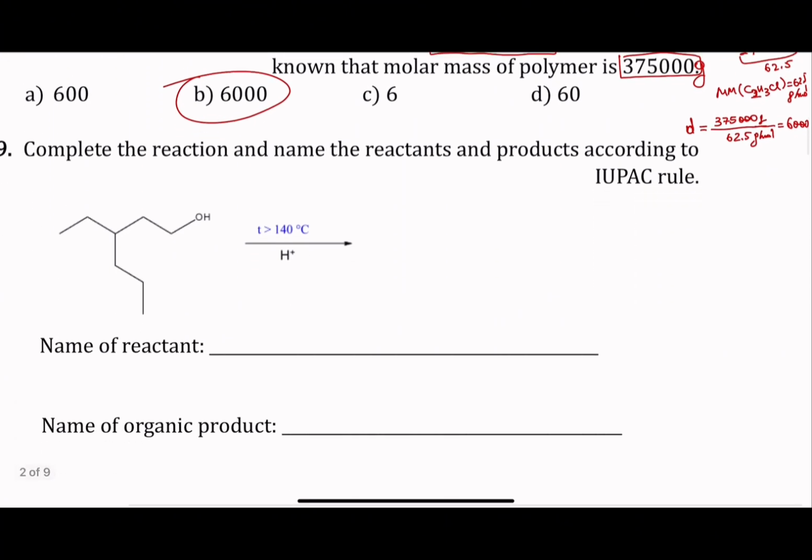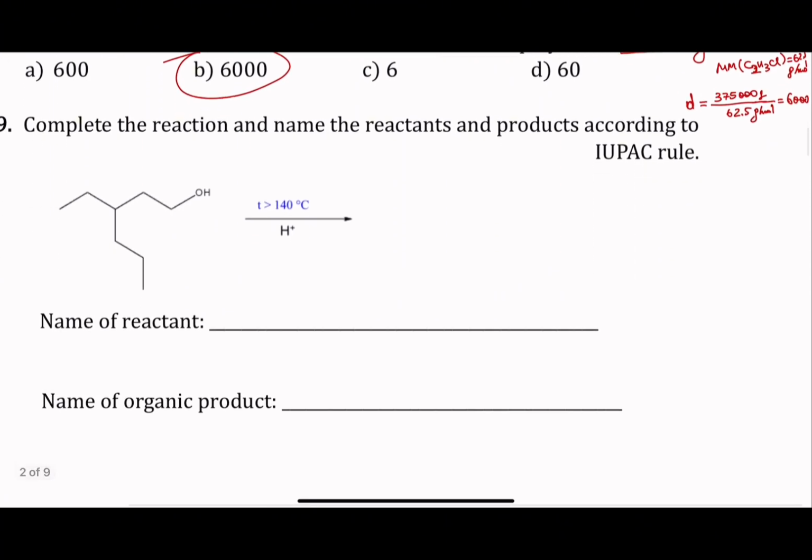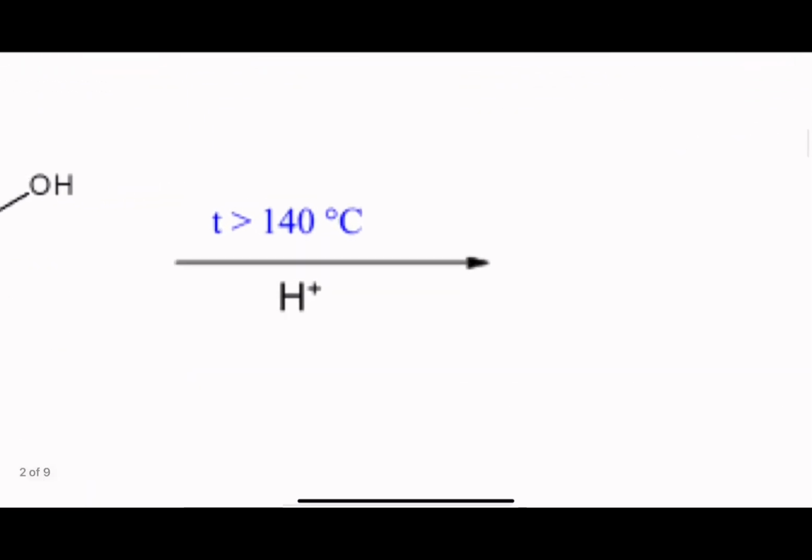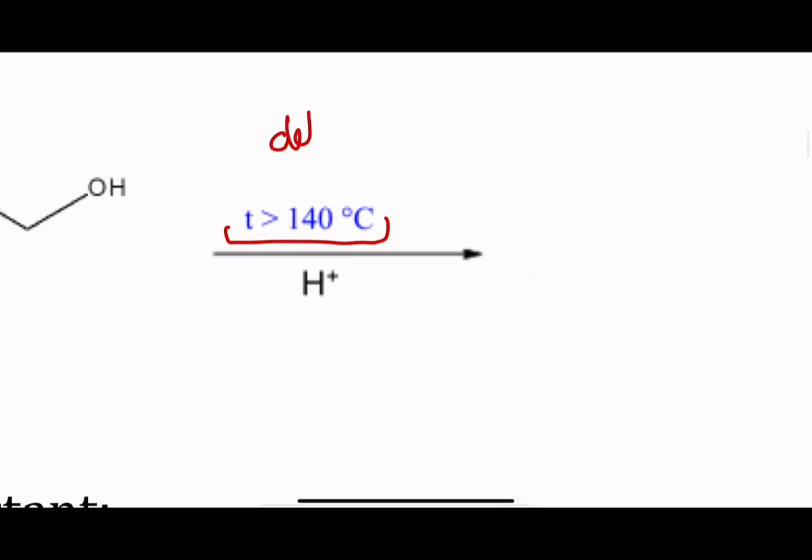Okay, now it's asking to complete the reaction and rename the reactants and products according to IUPAC rules. As you see, it is above 140 degrees Celsius, so this means it is a dehydration reaction.